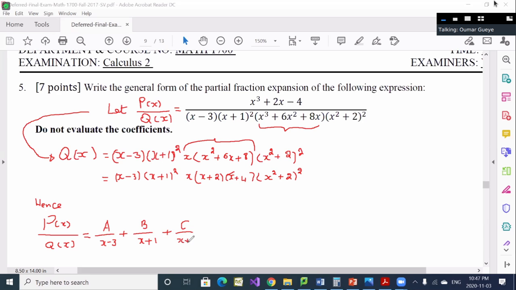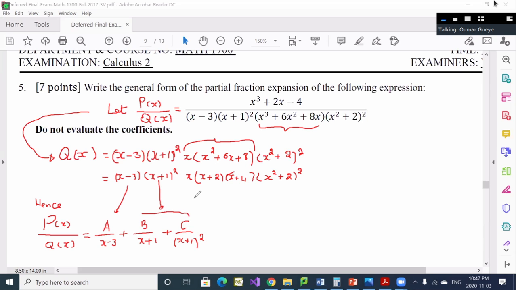So instead of using A, B, C as I did, even if you guys use A1, A2, A3, that's okay too. So this one provides these two terms.